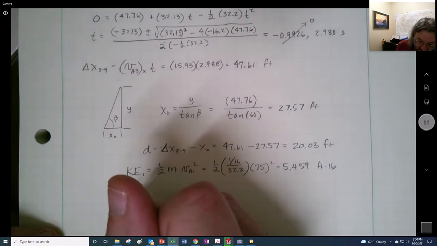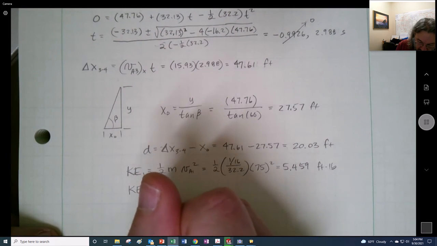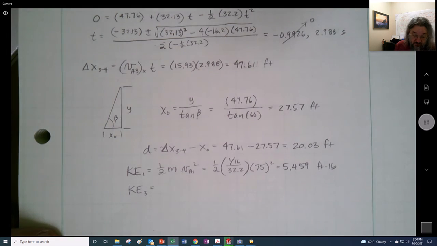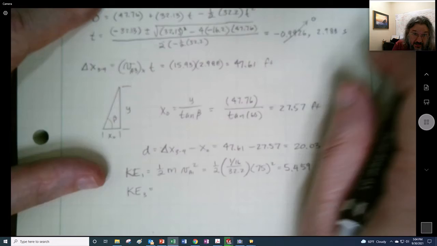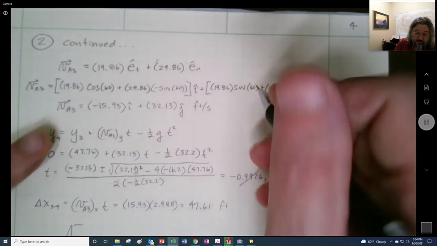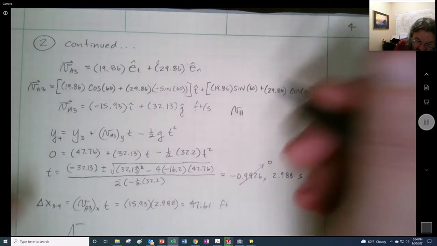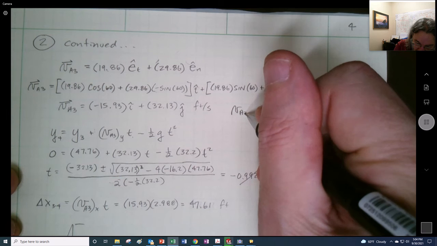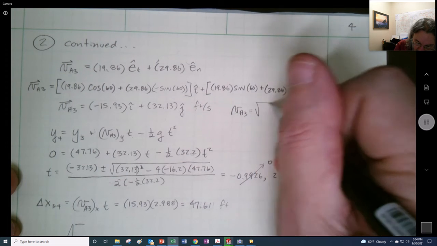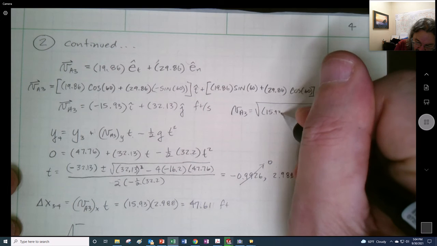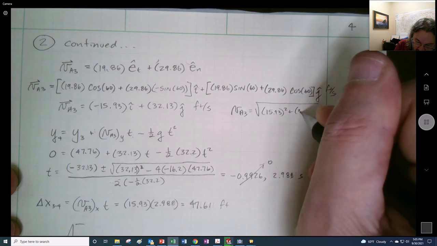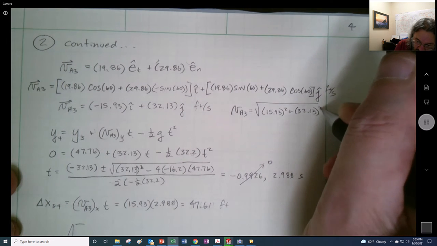of kinetic energy. And then take the kinetic energy at state 3. We never found what the velocity was up here, but we could take the velocity and do them by parts, but let's find what this is. Square root of 15.93 squared plus 32.13 squared.